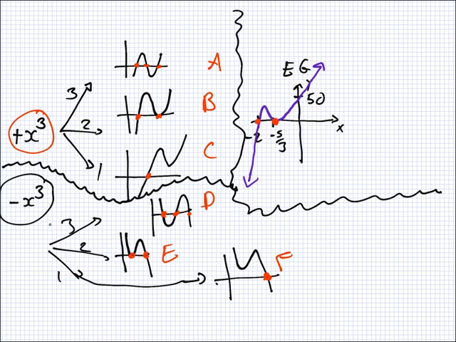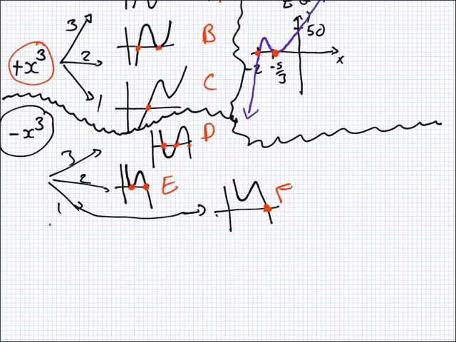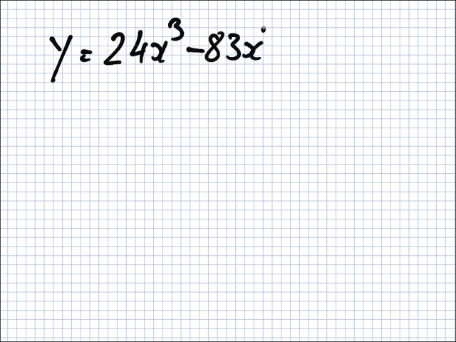So I'm going to give you a question now. I'll let you try it for a minute, then I'll give you the answer. What I'm about to give you is more like an exam question now. I mean, it's not much different to this. So I'm going to have y equals 24x cubed minus 83x squared plus 79x minus 18.